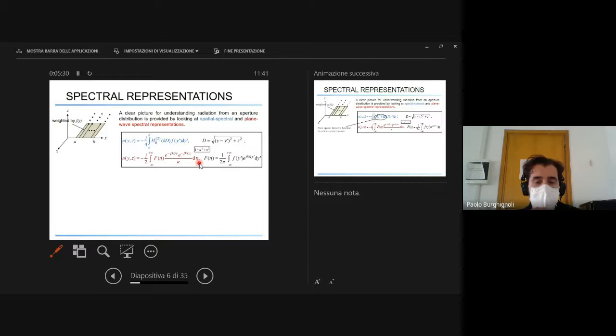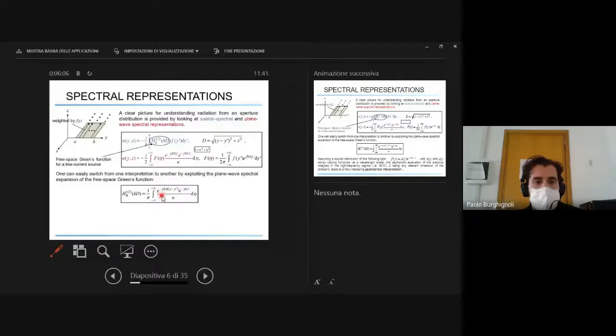The link between these two interpretations is provided by exploiting the plane wave spectral expansion of the free space Green's function, given by this relation that relates the Hankel function of order zero to this integral in terms of the spectral variable eta. If you use this representation of the Hankel function here, you can go back from one interpretation to the other.